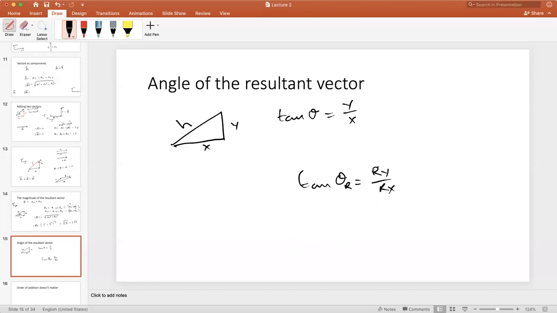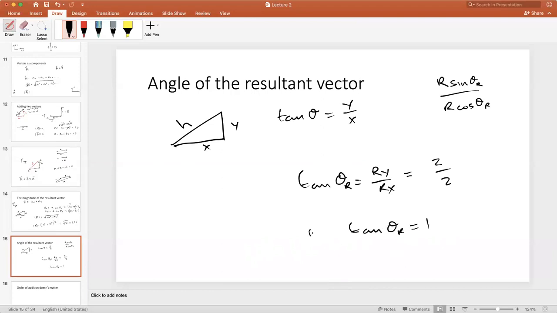And if you really, really want to see that, you already know that Ry is R sine theta and Rx is R cos theta, where this is theta R. The R's cancel and you get a tangent there. So this is true. But we know that Ry and Rx are 2 and 2. And therefore, what we have is tangent is 1.